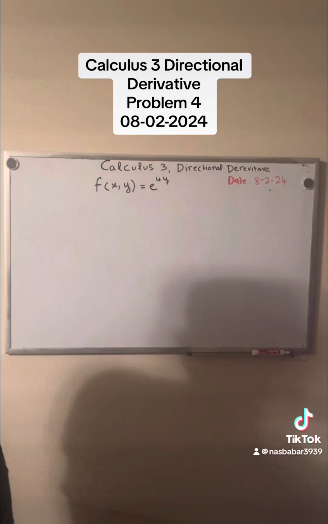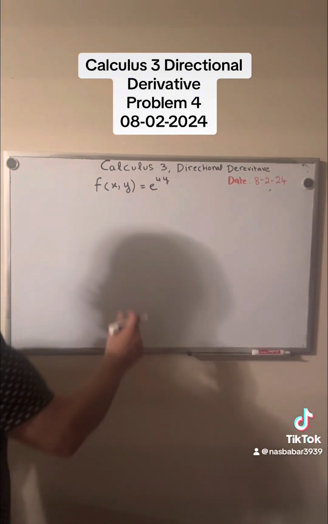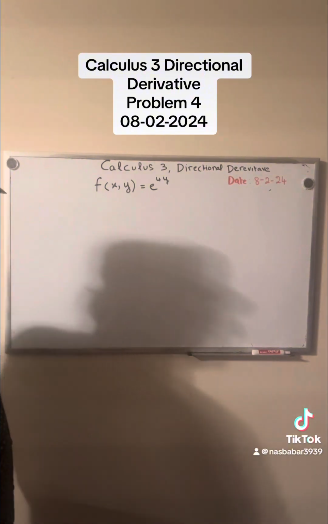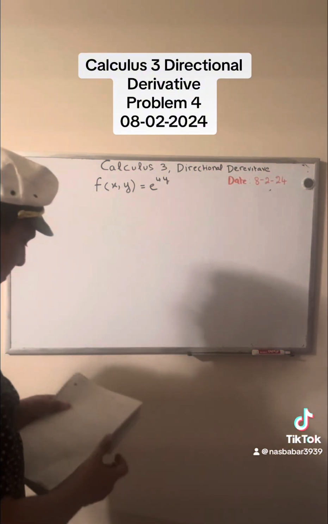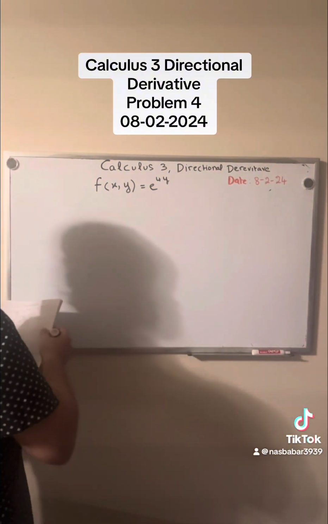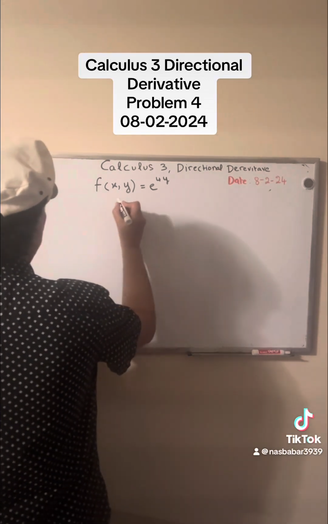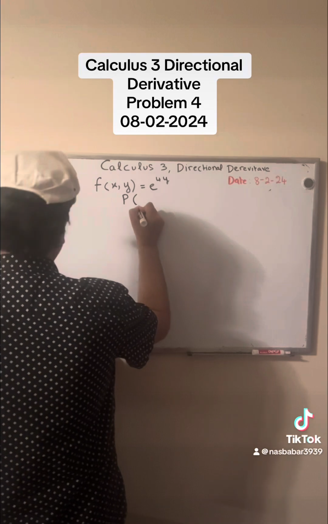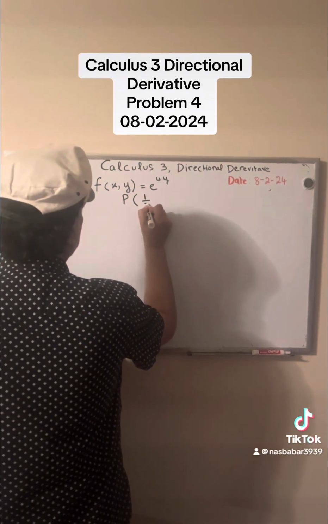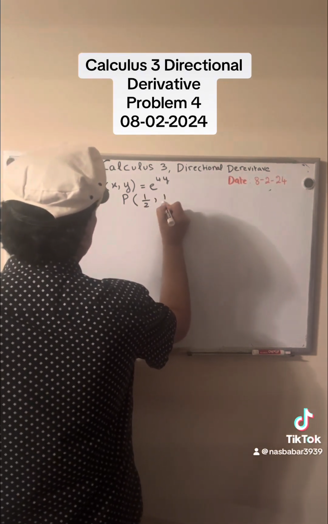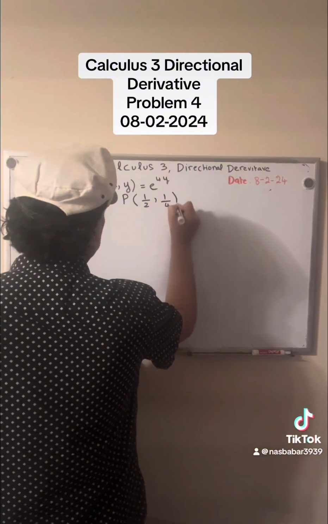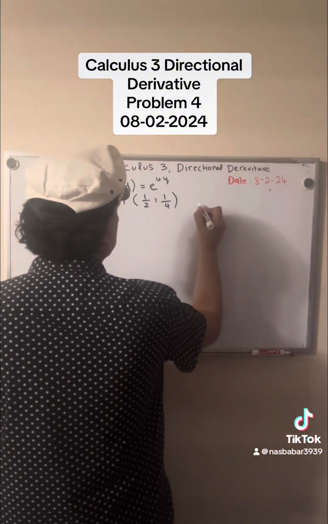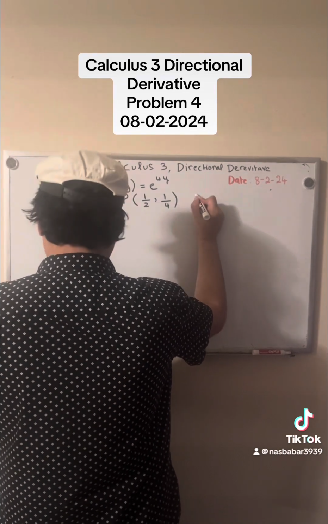There is no variation of x. The only variation over here is with respect to y, but there is no variation with respect to x. So, what we have been asked is to find the directional derivative at the point (1/2, 1/4), and the vector we are given is this right here.